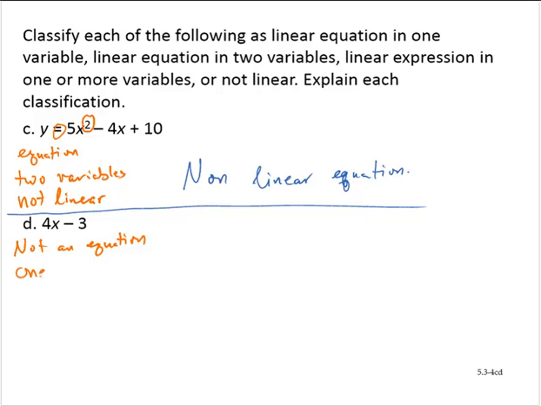There's only one variable, specifically x, but the highest power on x is 1, and so this is linear. So the conclusion is that this is a linear expression in one variable.